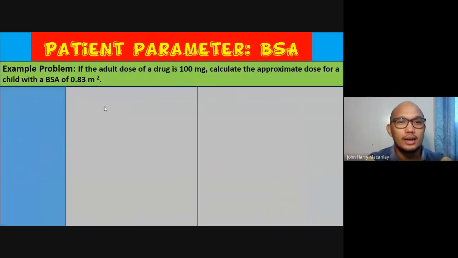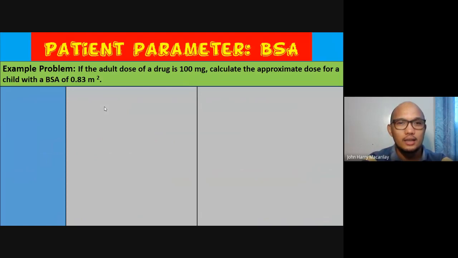If the adult dose of a drug is 100 milligrams, calculate the approximate dose for a child with a body surface area of 0.83 meters squared. So what is the adjusted dose for a child with a body surface area of 0.83 meters squared if the adult dose is 100 milligrams?